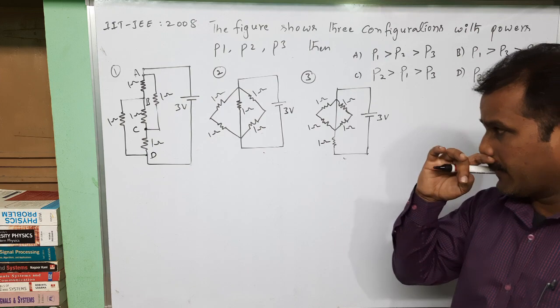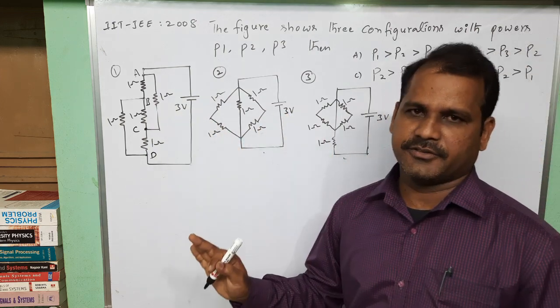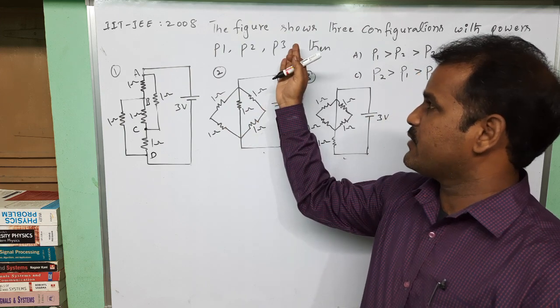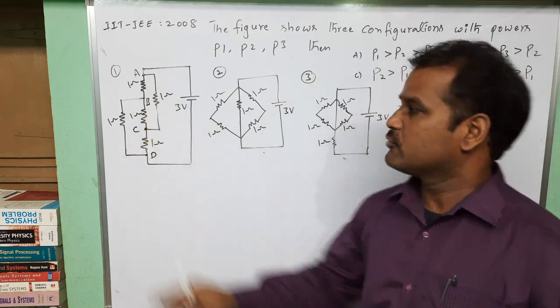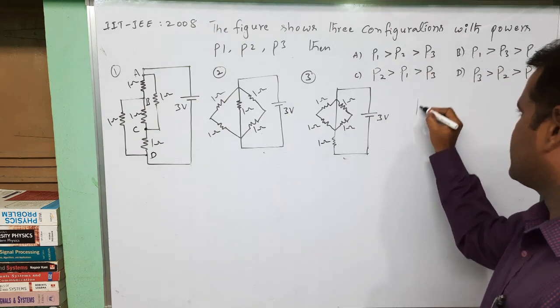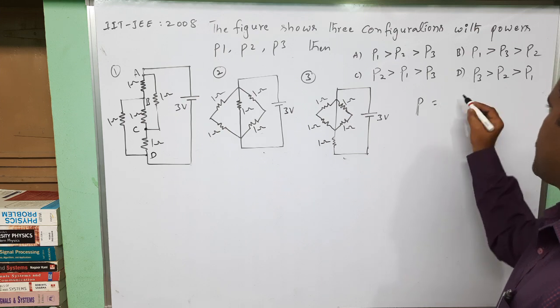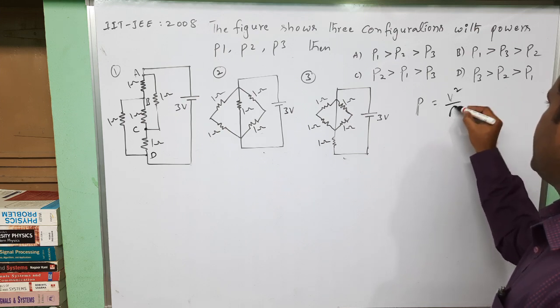What we need to do here: a 3 volts supply is applied constantly for the three configurations. We need the relation between power, voltage and resistance. Power is equal to the square of the voltage divided by resistance.